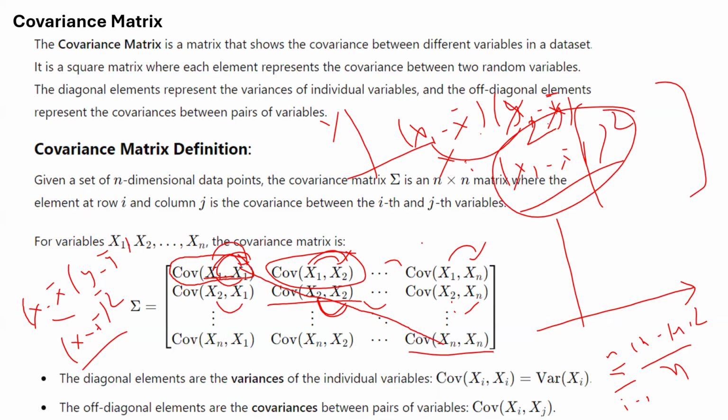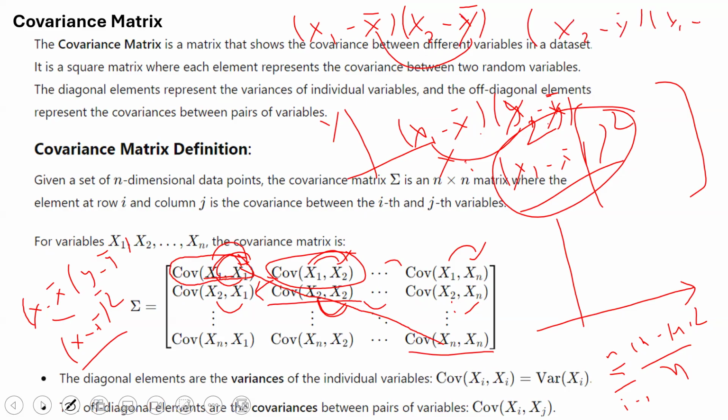That is how you calculate the variance and create the covariance matrix. Now you understand this, right? Covariance along x2, x1 is the same as x1, x2. It is just x1 minus x bar into x2 minus y bar, where x bar and y bar are the means. The multiplication of these two is the same, so these two values will always be the same.